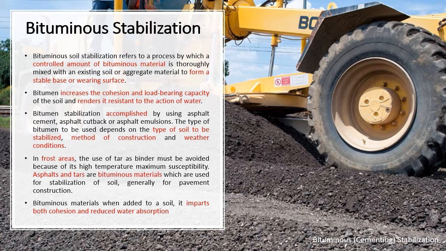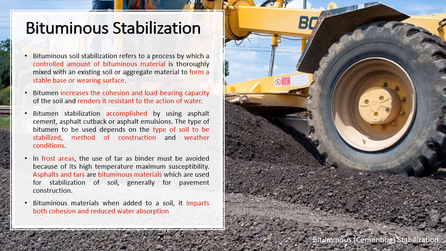Bitumen stabilization can be accomplished by using asphalt cement, asphalt cutback, or asphalt emulsion. The type of bitumen to be used will depend on the type of soil, method of construction, and the weather conditions.